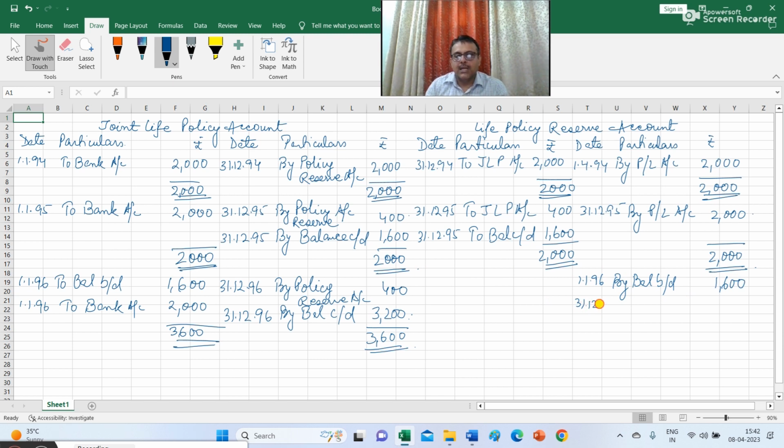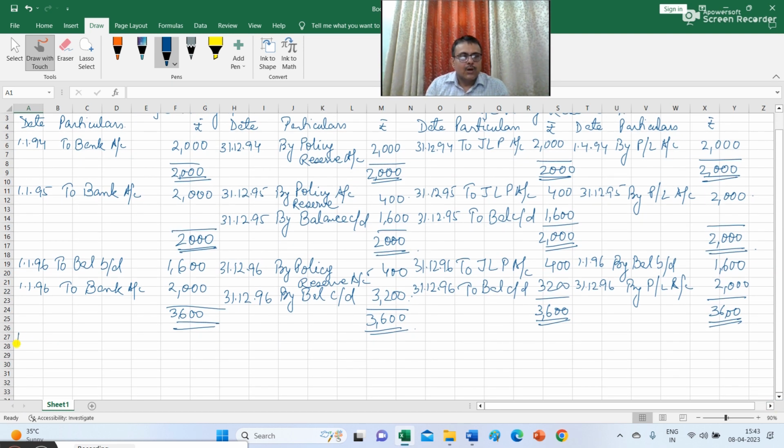On 31st December 96 the amount will be transferred from profit and loss account for rupees 2000, and on 31st December 96 the amount of surrender value will be carried forward as 3200, and the amount of 400 will be transferred from joint life policy account. So I have to write here as to joint life policy account rupees 400. So this way, I have completed drafting the ledger for third year.